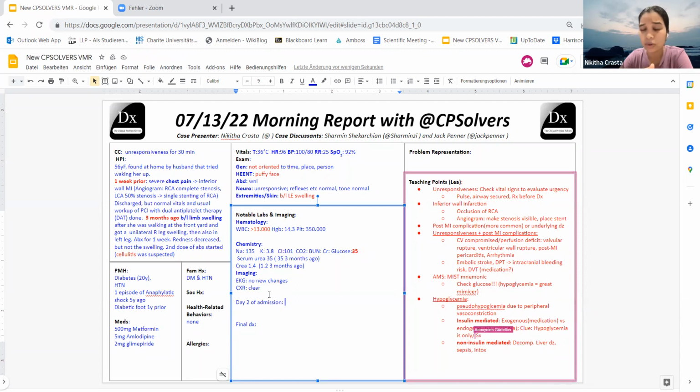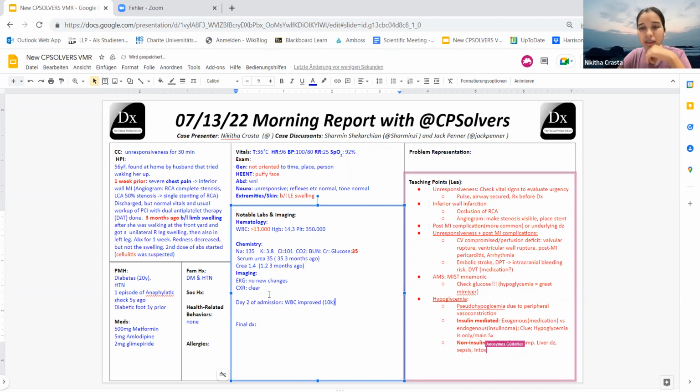All her hepatic workup was normal, her urea and creatinine were again the same, and her WBC also improved. The next day it was around 10,000.